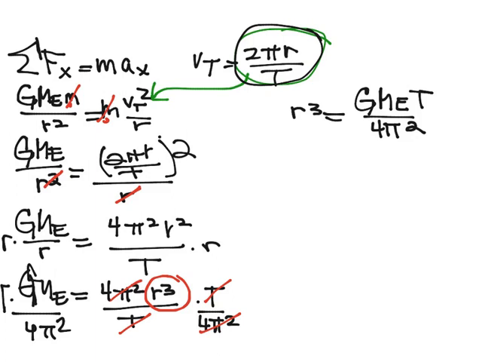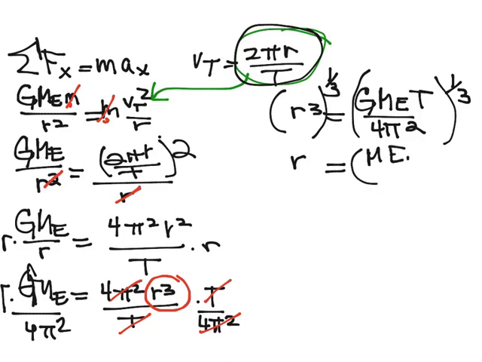So I'm going to raise both sides to the 1/3 power, which is really taking the cube root, and I have r is equal to G me, oops, sorry, that's the mass of the Earth, so G me t squared over 4 pi squared, to the 1/3.